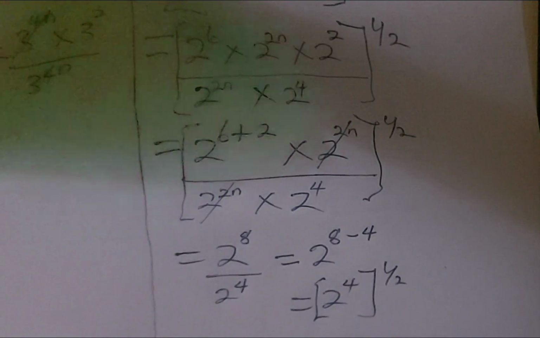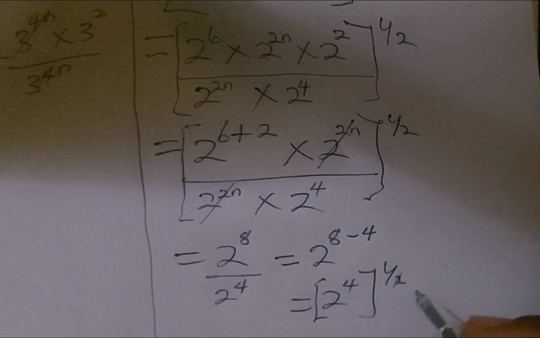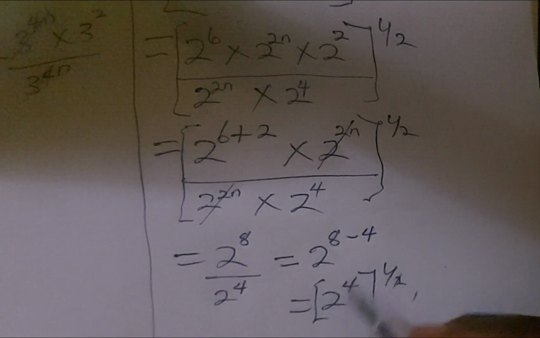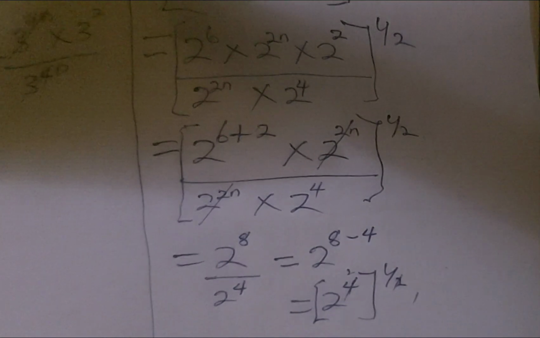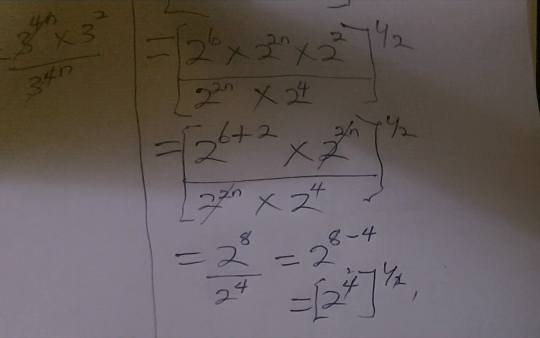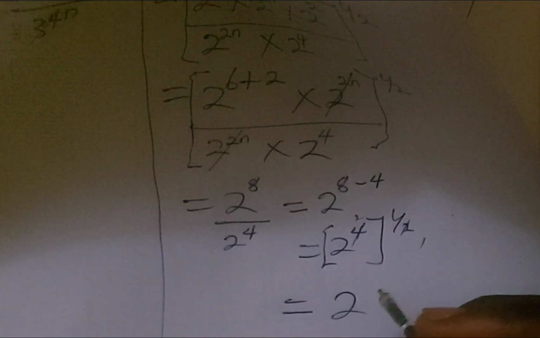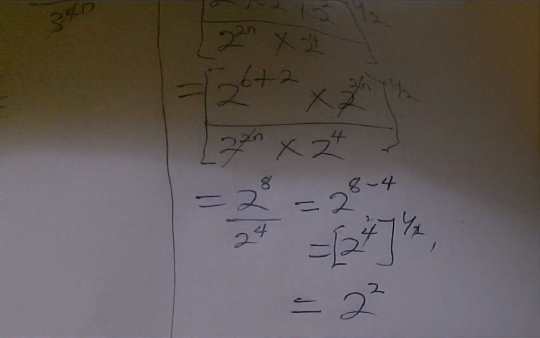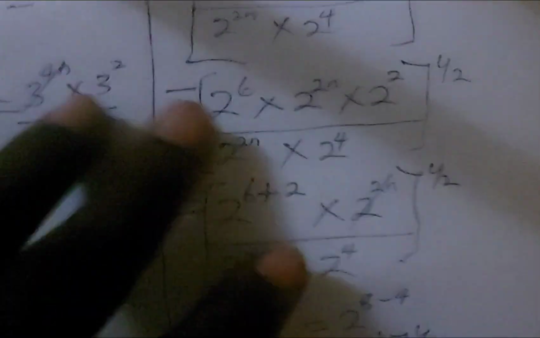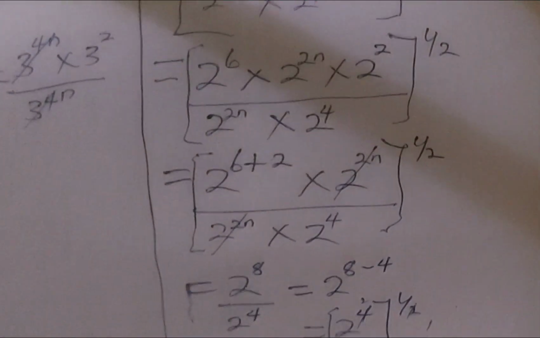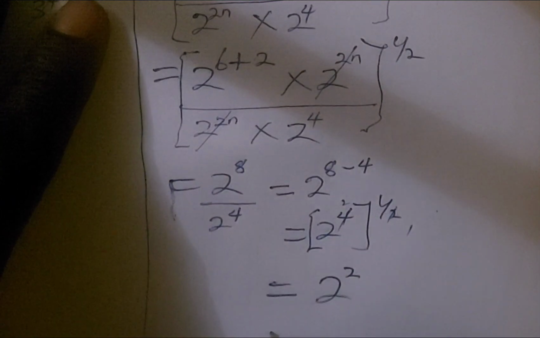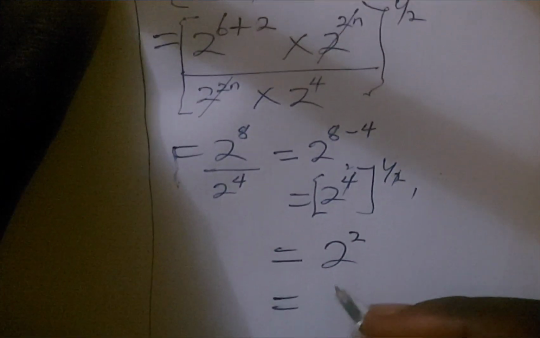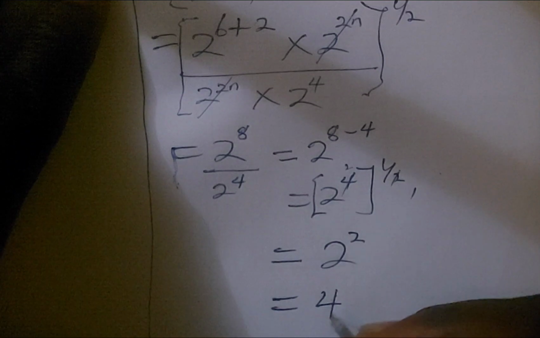You apply this. 2 here, 1. 2 here, we have 2. Therefore, we have 2 raised to the power of 2. That's what you have at the end, which will give you 4.